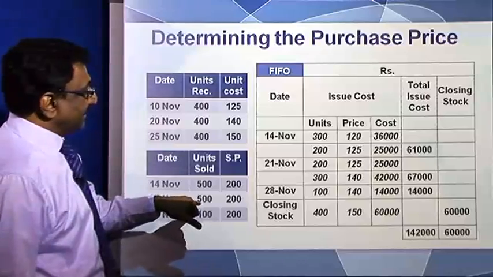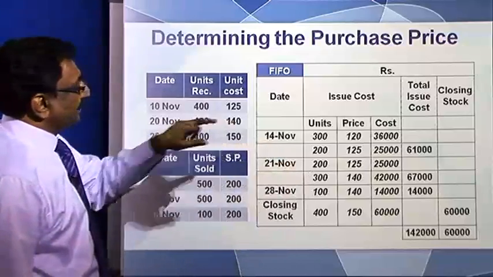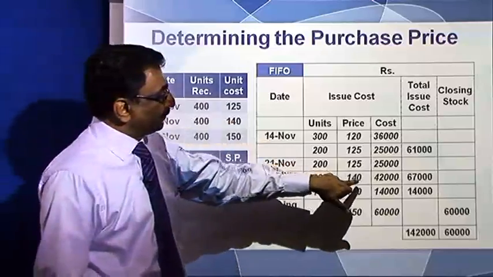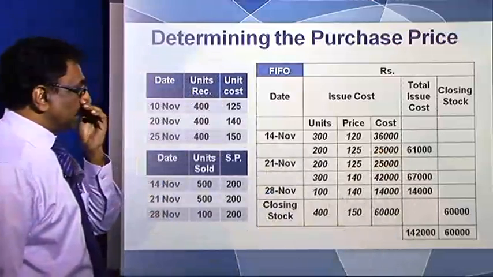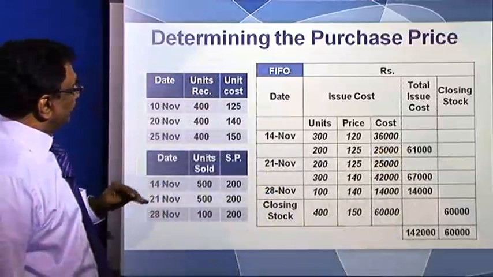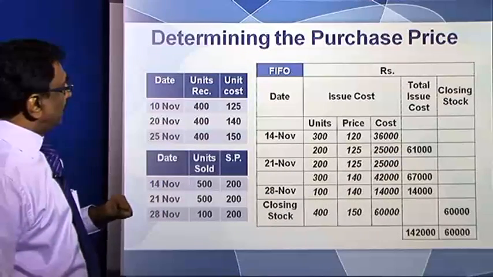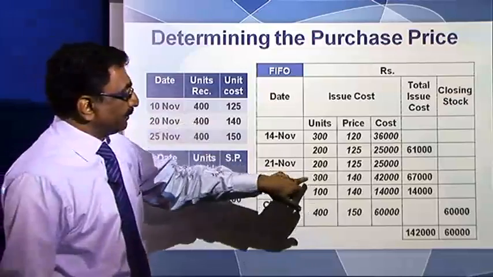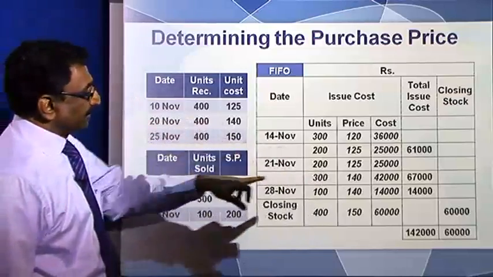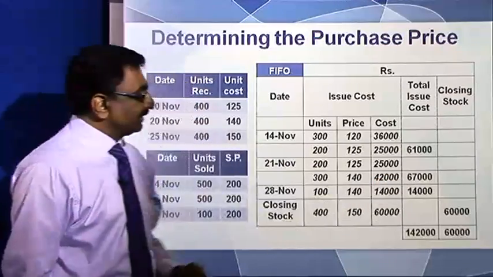The balance 300 for this particular sale came from the next batch, which is at 140 rupees. So 300 into 140, so the issue cost for that particular sale was 67,000 rupees. Then on 28th November 100 units were sold. We know that 300 were issued out of this batch, so 100 was left, that went at 140, and so 14,000 rupees was the issue cost.